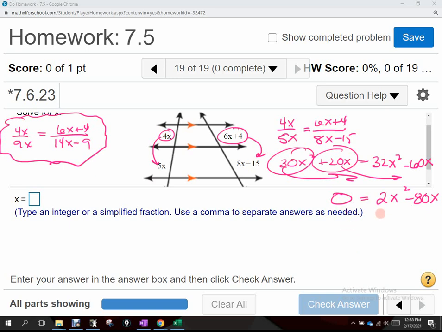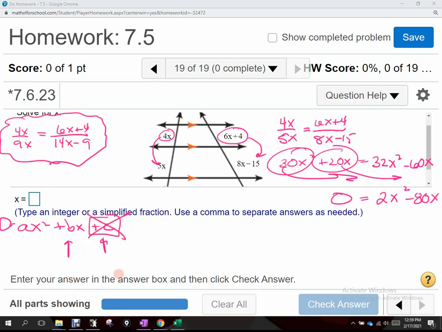Now, this is a quadratic equation, but there's no c term. Every quadratic equation is ax squared plus bx plus c, but right now we don't have that. If it was, I would factor using two numbers that multiply together to give me c and add to give me b.